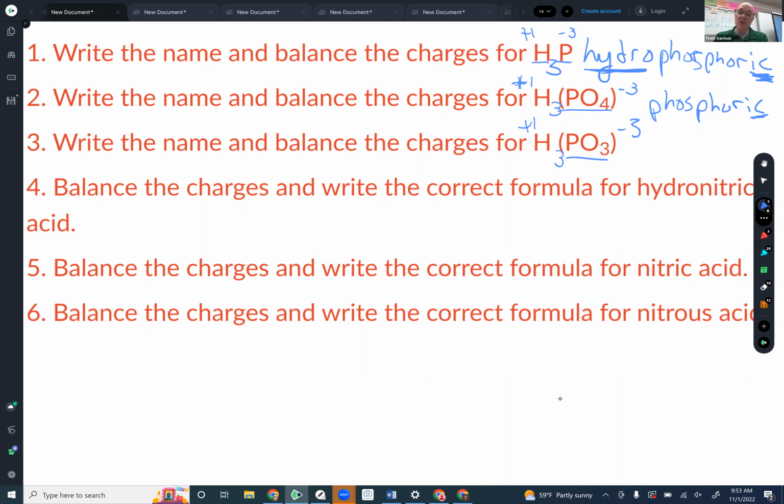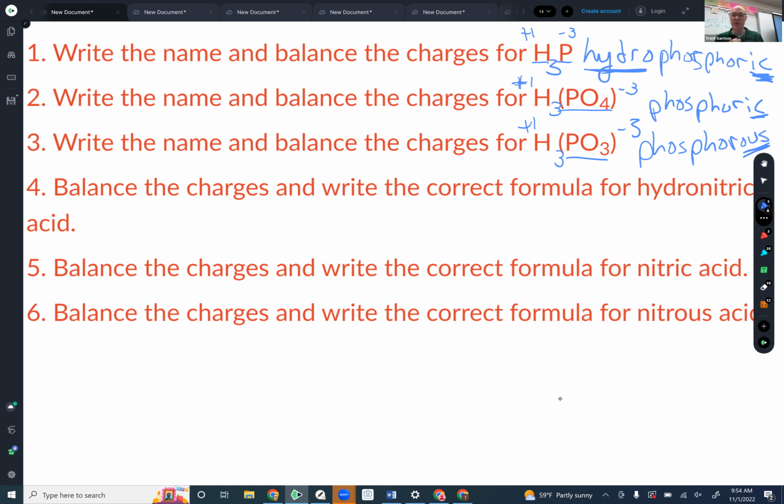Now, because the next one has a similar name, it has to take, and here's where it gets weird, because its name was phosphite, and it becomes phosphorous acid. So it's just an emphasis on the syllable as to how its name goes. So it is hydrophosphoric, phosphoric, and phosphorous acid.